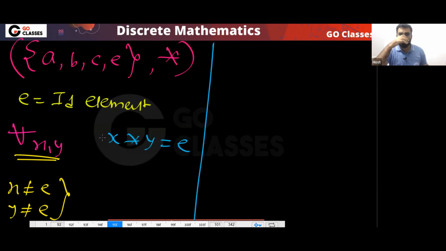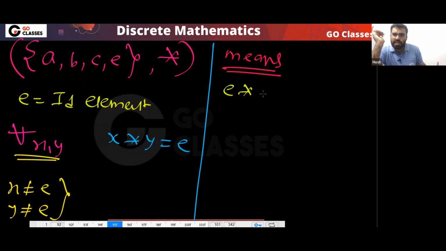First, did you understand this? What does this mean? E is the identity element, so E star A will be A, because E is the identity element, this is given.